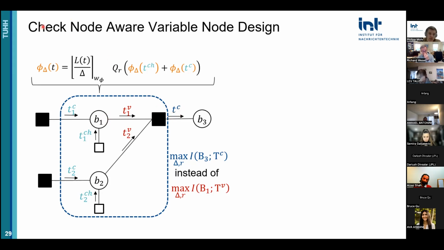So this is what the check node aware design is referring to. We can do that similarly by just tweaking the delta and the right shift here to maximize the mutual information between the check node message and the target node here.